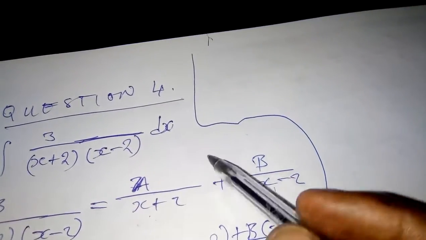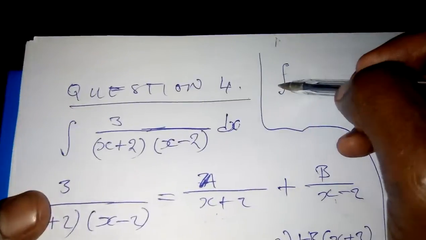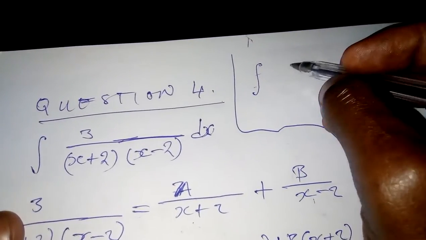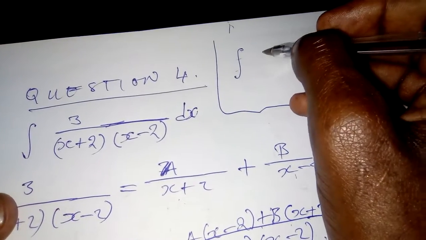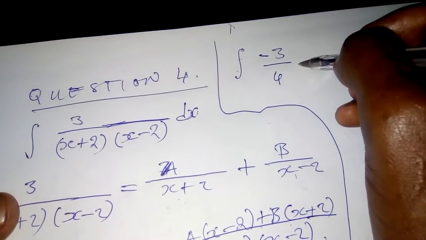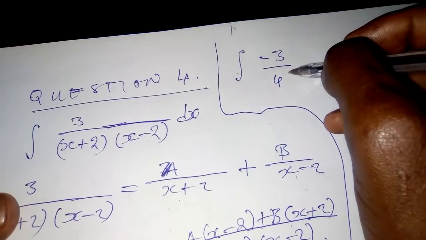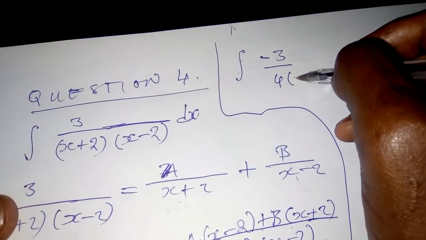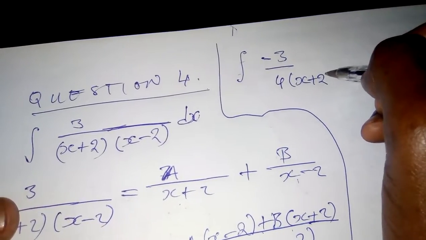So I'm going to have the integral now of negative 3 over 4 as my a, and then of course my fraction there is going to be, like that.